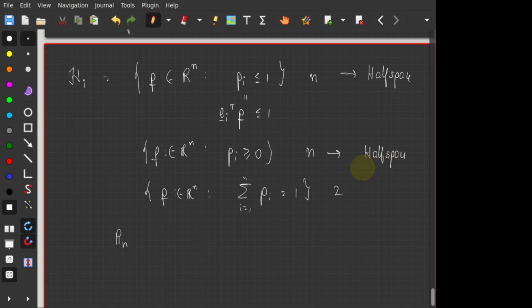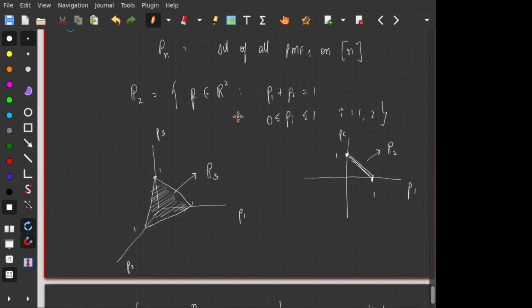So geometrically, what does this half space look like? It's a cone, the negative orthant.